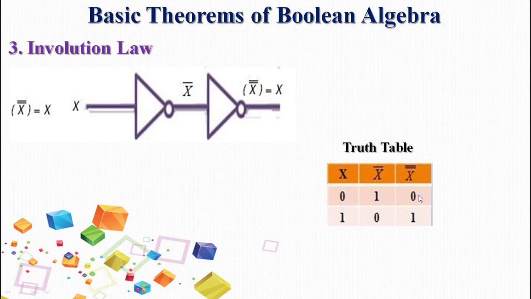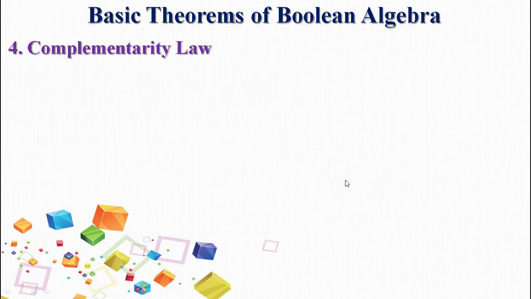Then the inverted value is inverted again, that is x double bar. 0 which was inverted to 1 now becomes 0 again. 1 which was inverted to 0 now becomes 1 again. That is nothing but the original value of x. So x double bar is equal to x.